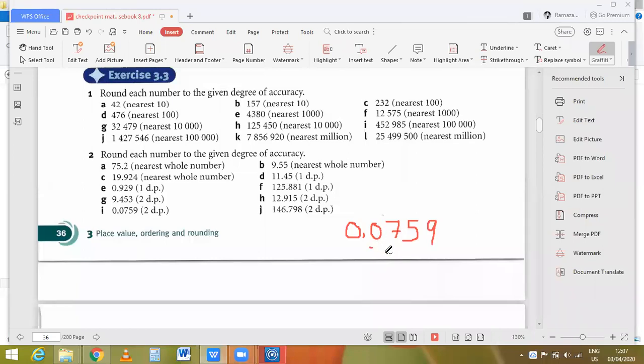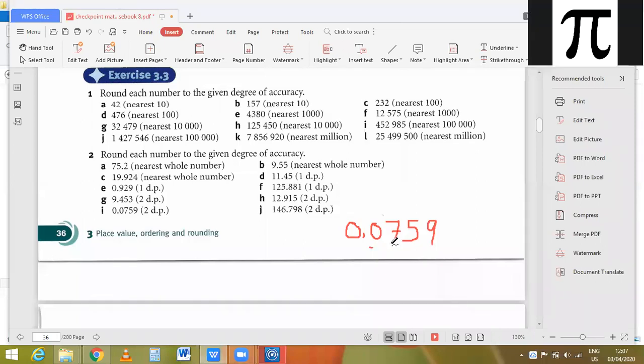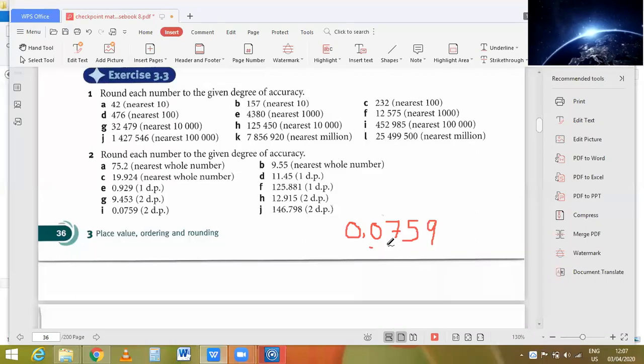This is the first one, and this is the second one. The second decimal number is 7.